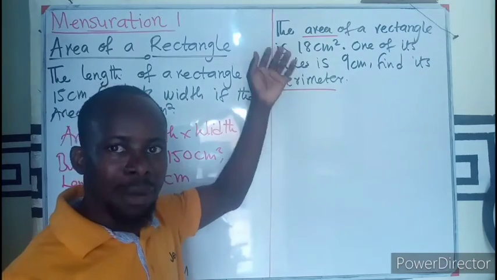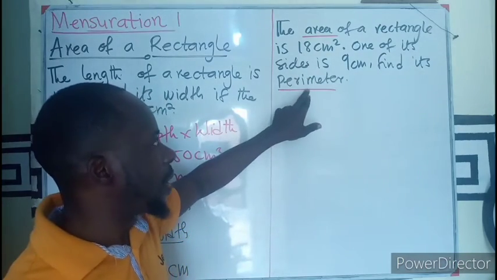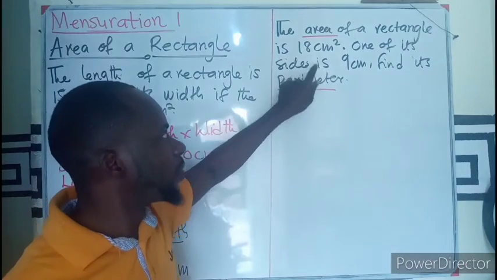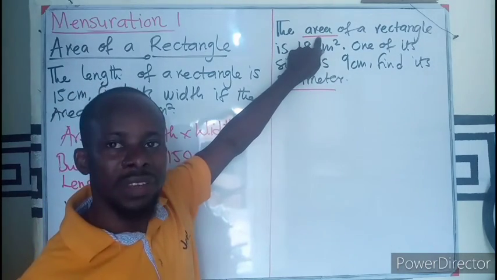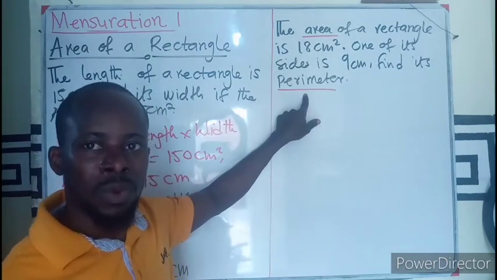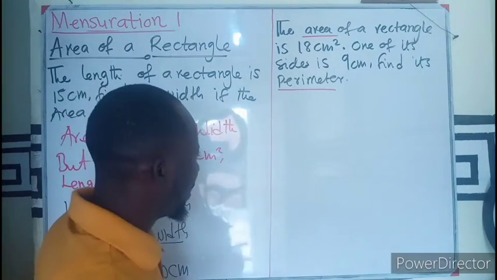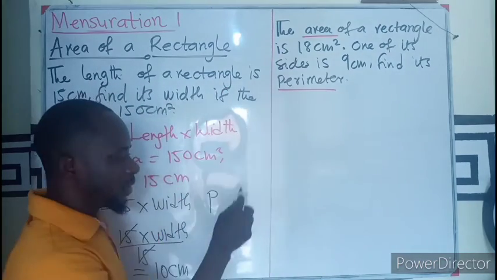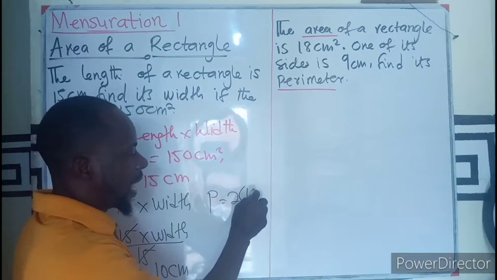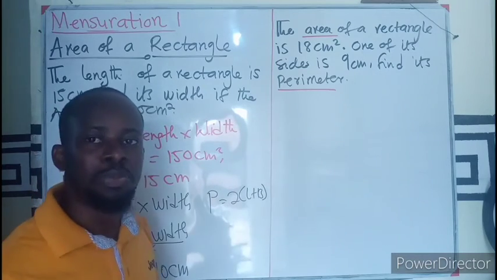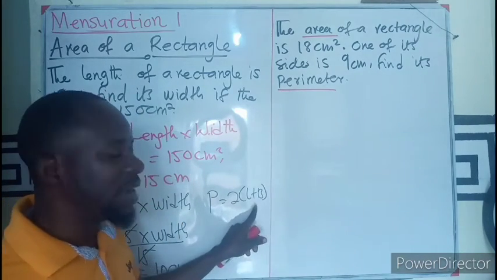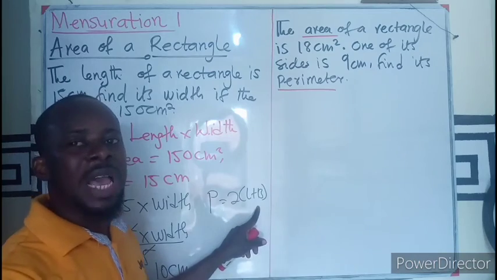Perimeter. I can begin with any of them, but this is what I'm asked to find, meaning I need to use the other in order to find this. Because the perimeter of a rectangle simply means 2 times the L plus what? B.